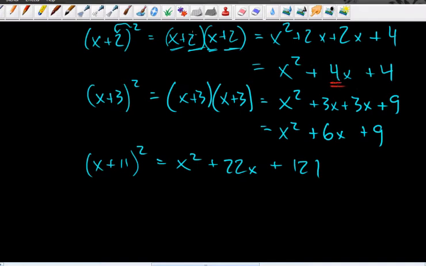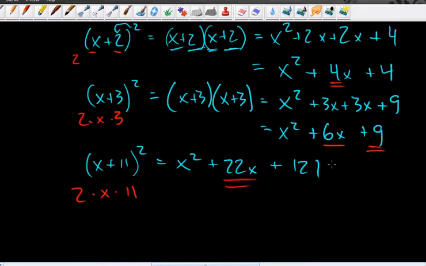That the middle term is always 2 times x times whatever the number is. That works. 2 times x times 2 is 4x. And 2 times x times 3 is 6x. And 2 times x times 11 is 22x.